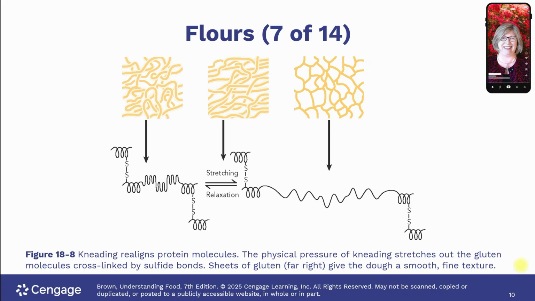Now in figure 18-8, we see an illustration of how kneading realigns protein molecules. The physical pressure of kneading stretches out the gluten molecules, cross-linked by sulfide bonds. Sheets of gluten, far right, give the dough a smooth, fine texture.